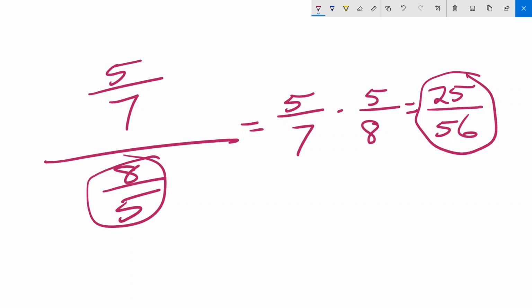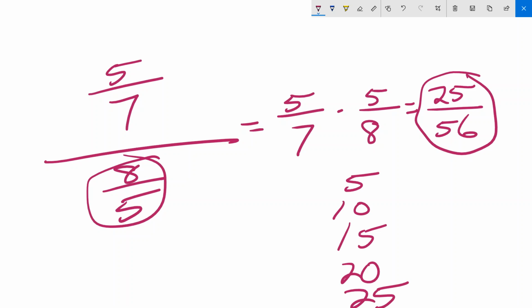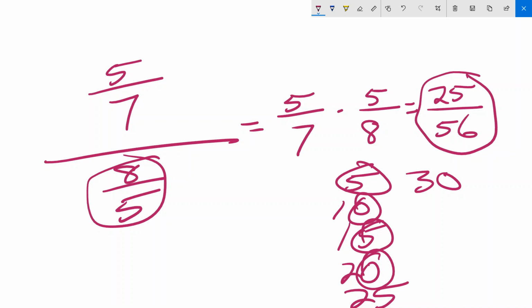In other words, if 5 doesn't go into 56, then that thing can't be reduced. And it doesn't. The only numbers divisible by 5 are numbers that end in 0 or 5. Okay?